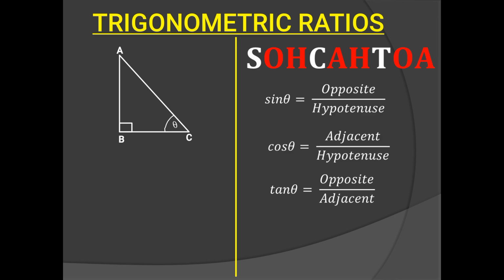The adjacent and the opposite are not constant. Over here, we are using the angle to tell which one is our adjacent and which one is our opposite. So let's take our time and look at this very well.